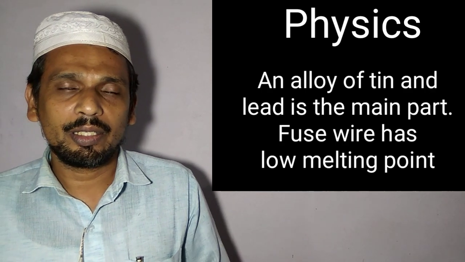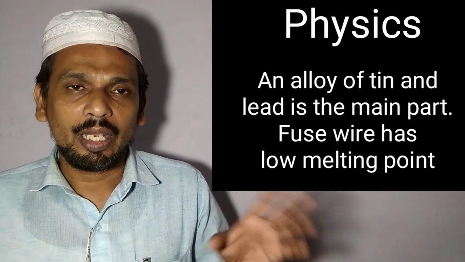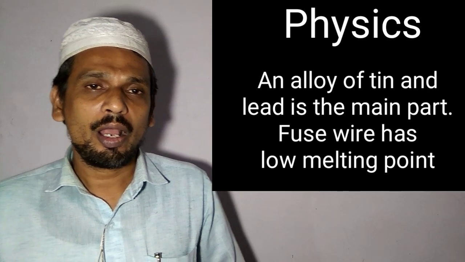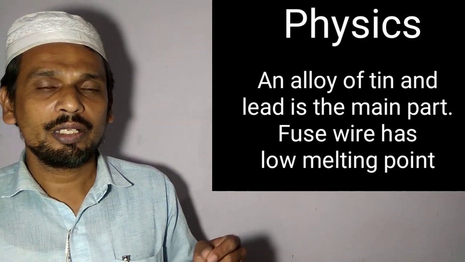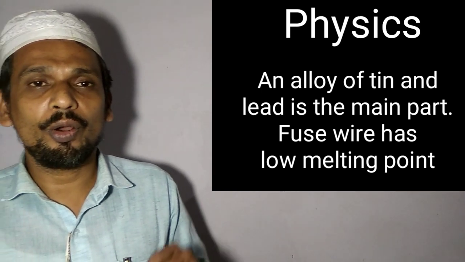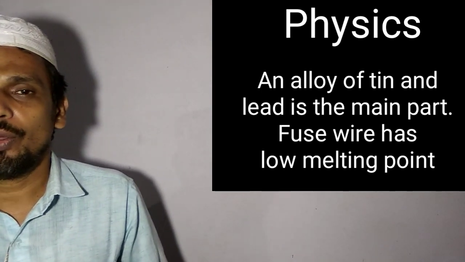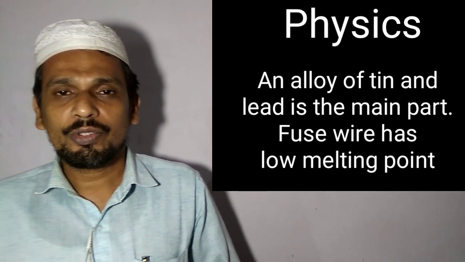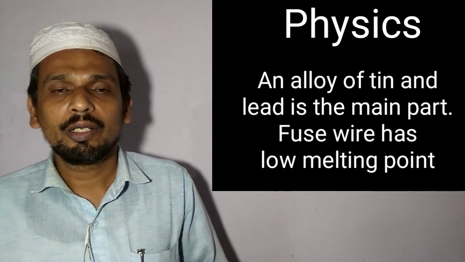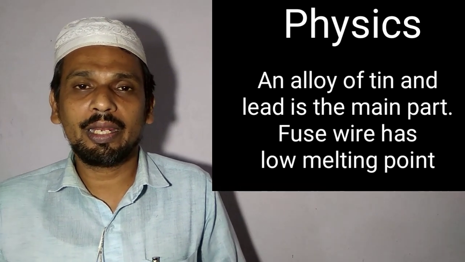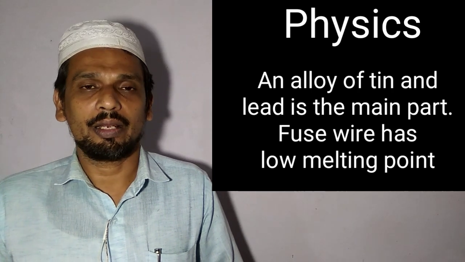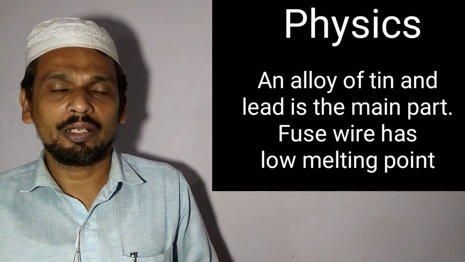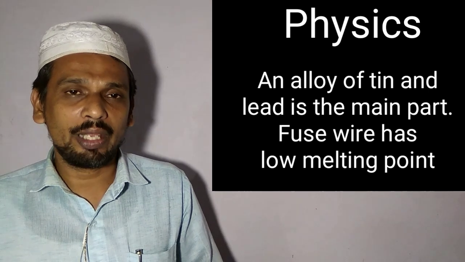So what is the advantage of the fuse wire? When we discussed nichrome, a high melting point was the advantage, but in the fuse wire a low melting point is the advantage. Fuse wire is made with two metals, tin and lead, not nickel.